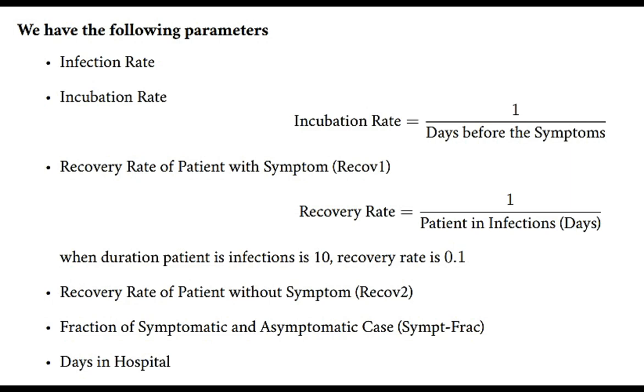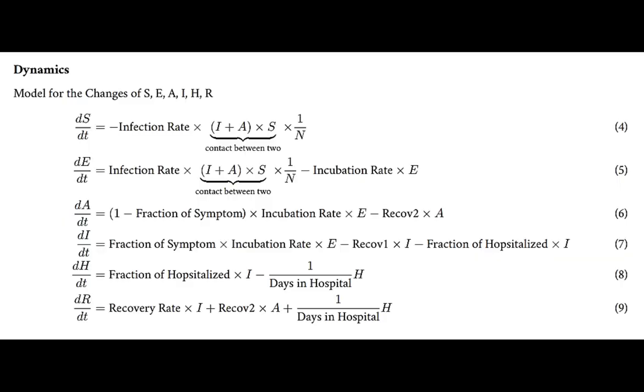Lastly, we need a parameter of days in hospital. Now, using all those variables and parameters, we can model the dynamics of the susceptible, the exposed, asymptomatic, the infected, the hospitalized, and the recovered.